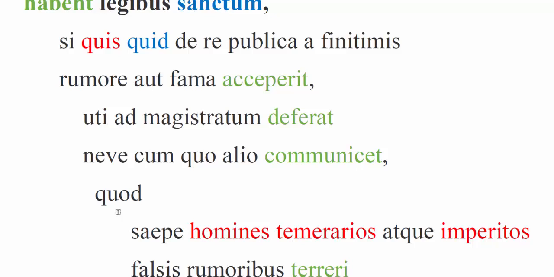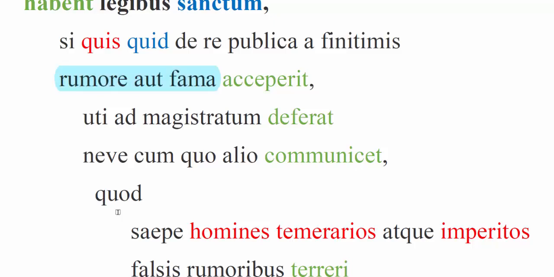If anyone accepts anything or hears anything concerning rei publicae, so again, tricky to translate, concerning politics or the political situation or the state from their neighbors, either by means of rumor or by means of report.